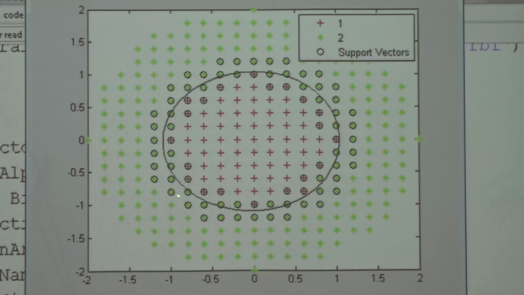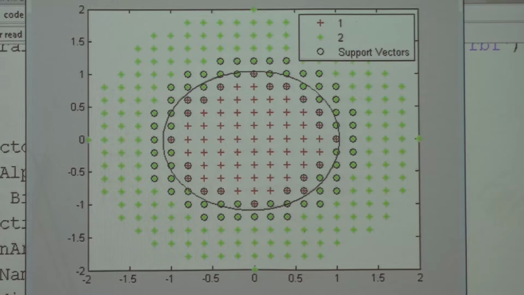Only the points close to the boundary, close to the margin, are points that are important for making the decision boundary. As you can see, SVM didn't do a perfect job in terms of separating this training data, and there are points that have violated the decision boundary. And all of these points are support vectors. Okay?